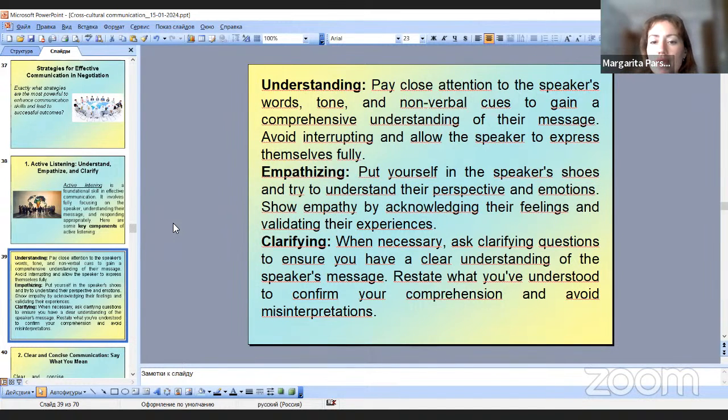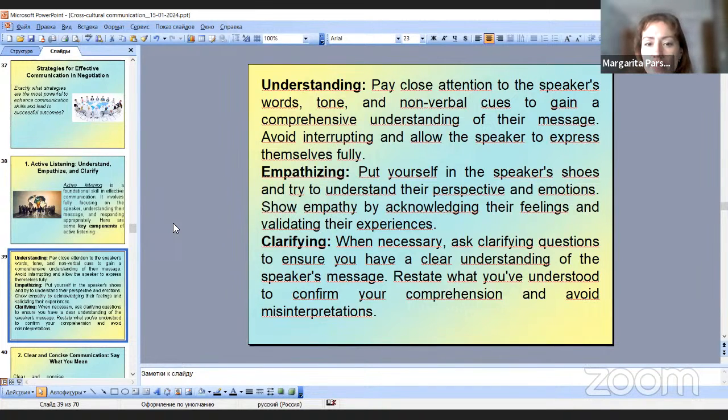You show empathy by acknowledging his feelings. This is what we have been speaking about, acknowledging the main thoughts of the other person, the feelings and their experience, to get information and try to understand it. The experience of the person who is expressing his thoughts, his opinion.